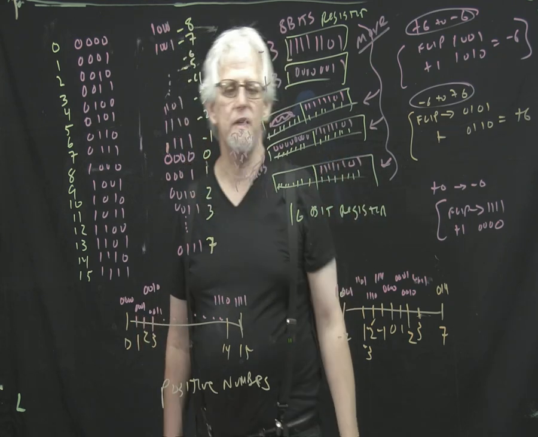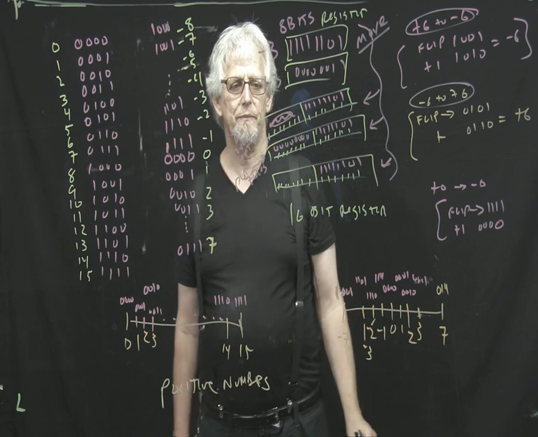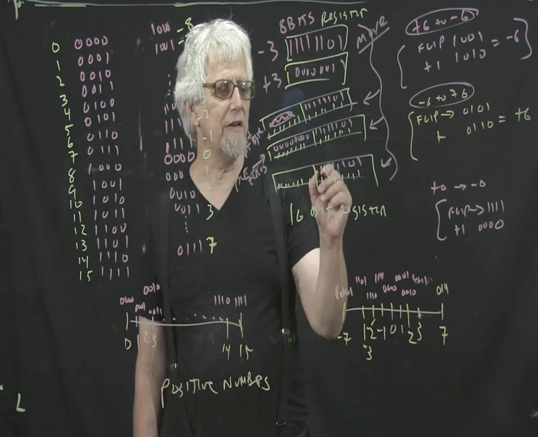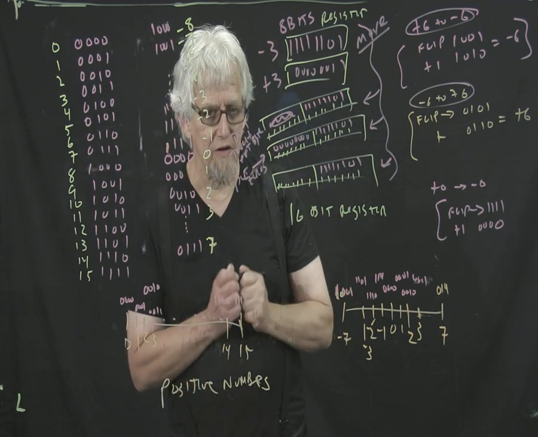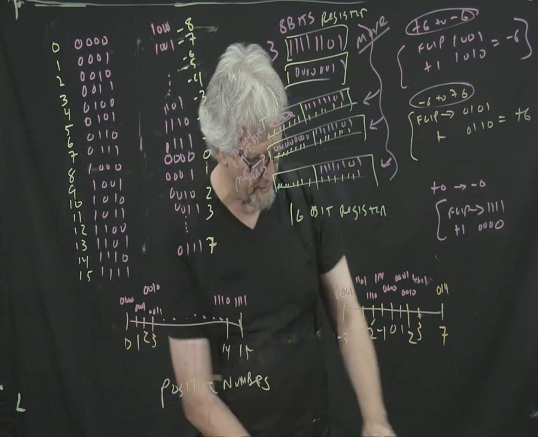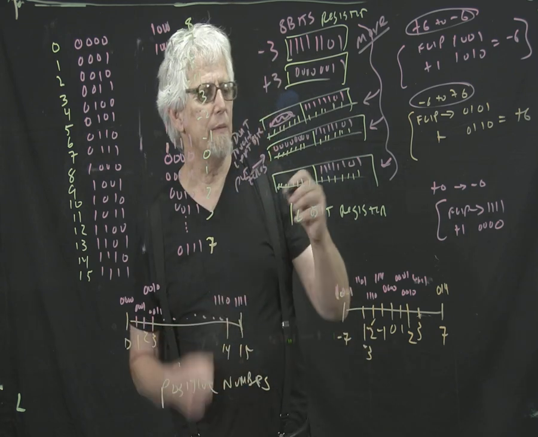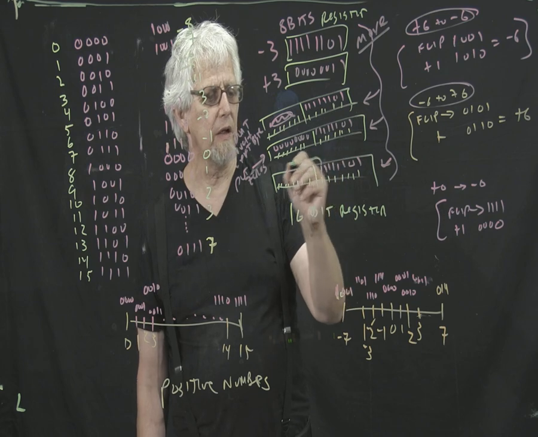The last possibility is called sign extend. Sign extend takes whatever the sign bit was and propagates the sign bit.